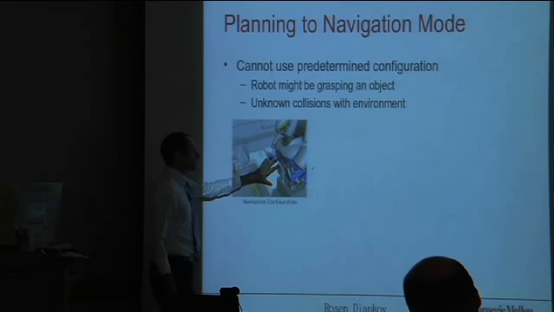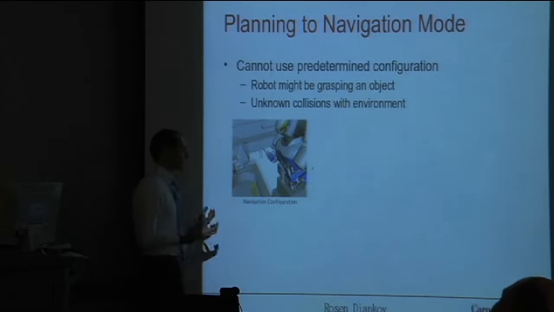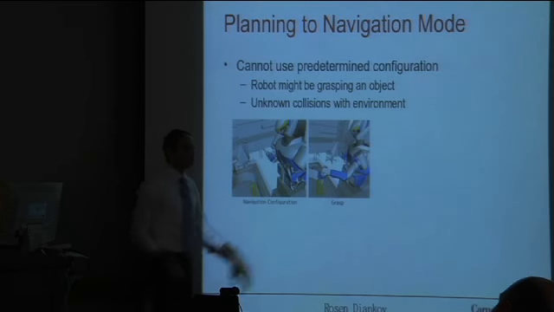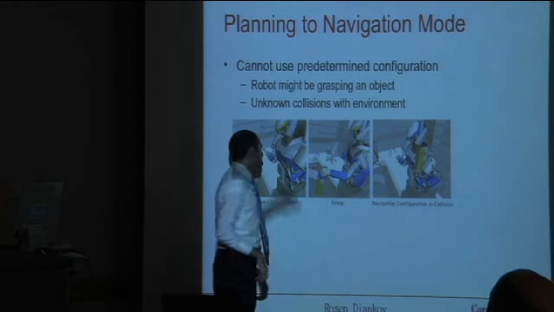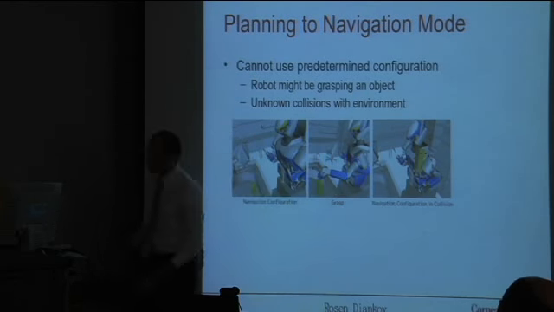The problem is that if you just have one static configuration, the robot always moves for navigation mode. For example, this configuration here. And then the robot goes and grasps the object and then moves to this configuration. It might get into collision with the grasped object.